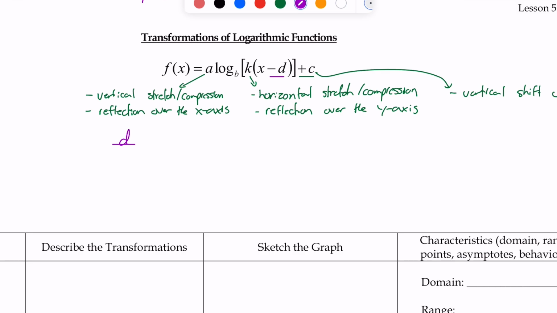Just like every other function, D is going to cause the horizontal shift. But in the case of logarithms, it is also going to be the location of your vertical asymptote, okay?